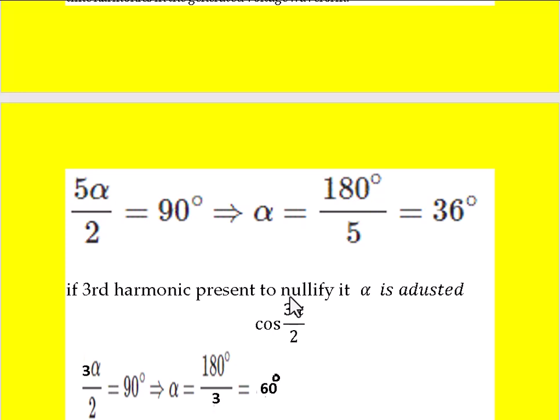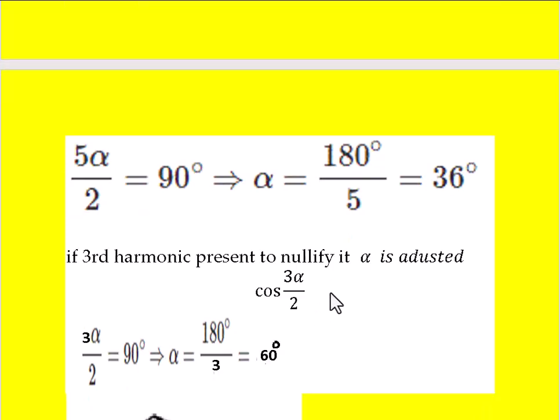Similarly, suppose a third harmonic component is present in the voltage, that is ER or the pitch factor. In that case, the pitch factor will be modified like this: cos 3 alpha by 2. So to nullify this, make it equal to 0. 3 alpha by 2 is equal to cos inverse 0, which means 90 degrees.